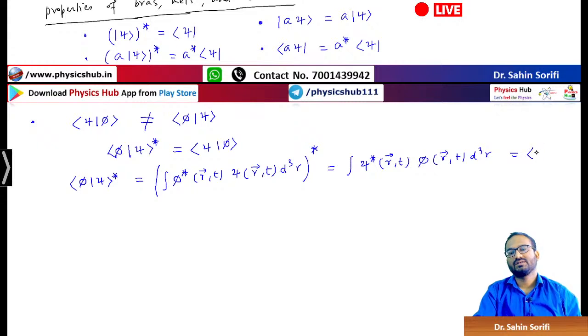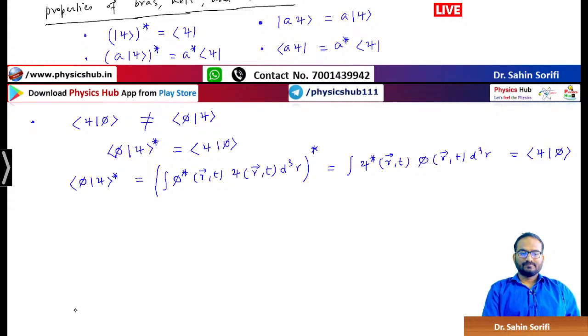This is nothing but psi phi. Under what condition may these two be equal? If psi star is equal to psi, phi star is equal to phi, means if they are real, then this equality will hold.